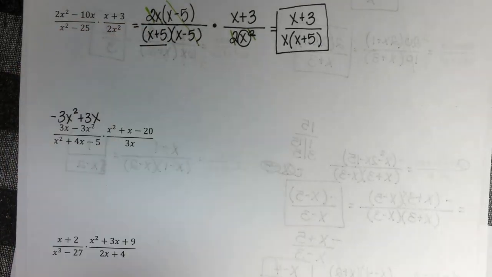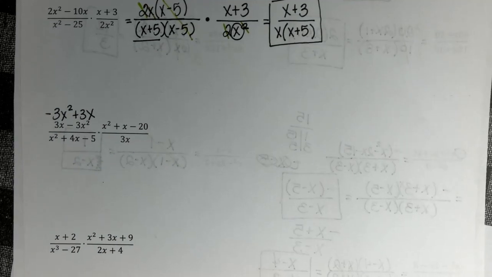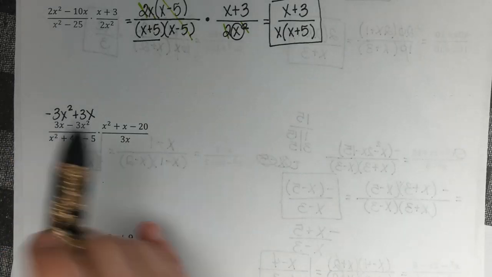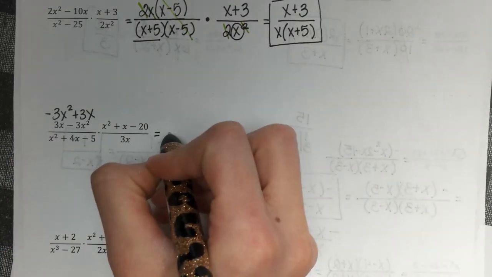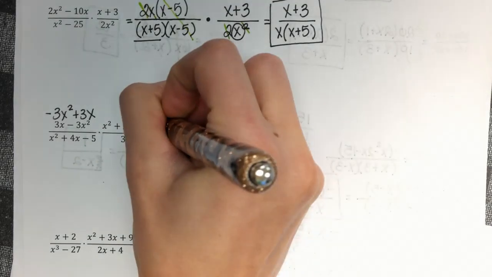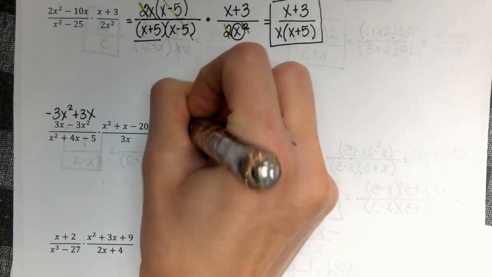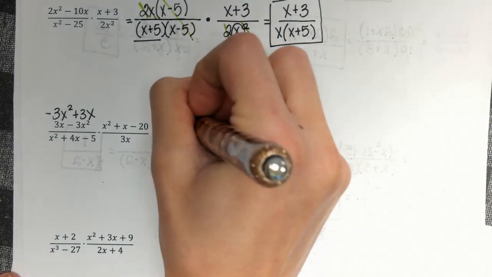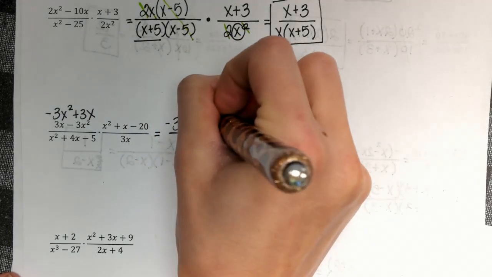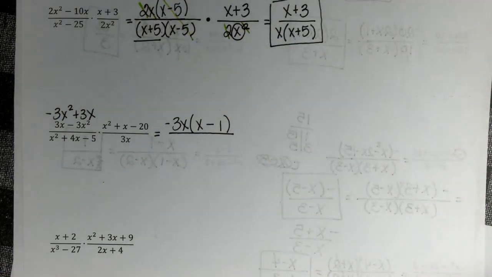So make sure it's in standard form before you start factoring. So now, when I go and factor this, I need to factor out what? A negative 3x. And then that will leave me with x minus 1. So if you ever have a leading negative, you want to take that out as your GCF.